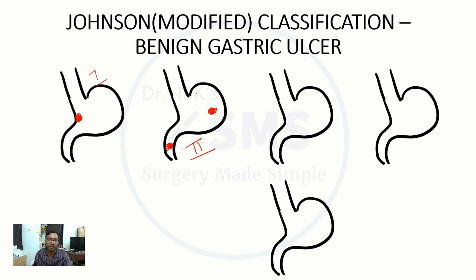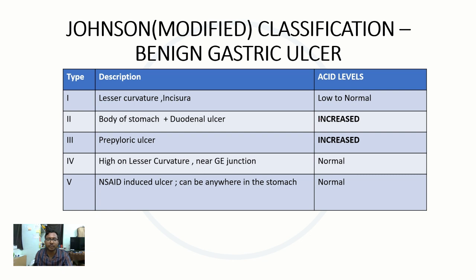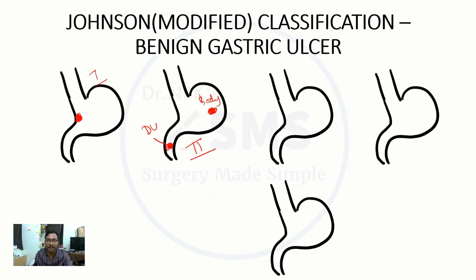One in the body of the stomach, and the other is the duodenal ulcer. Then the next one: somewhere here comes your pylorus. If you have an ulcer in the prepyloric area, that is your type 3.